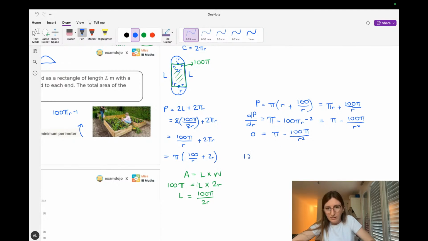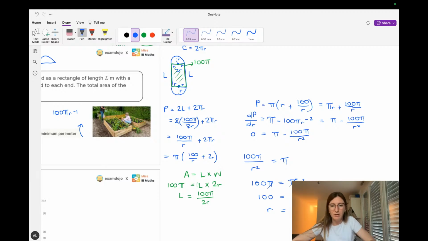All right, now I can take this over to the other side. So 100 becomes positive: 100 pi over r squared equals pi. Multiply it by r squared on the other side, just some rearranging here, equals pi r squared. I have a pi on each side, so I can divide by pi. And then I get 100 equals r squared. So r equals positive or negative 10.